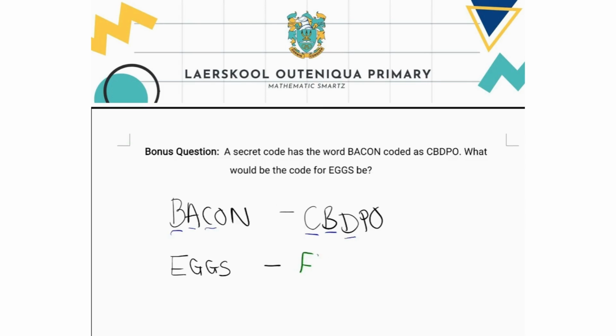After G is H, and then I've got another H. And what about S? What comes after the letter S in the alphabet? That's right, it's T. Therefore, my secret code for eggs would be FHHT. Well done, grade 4s.